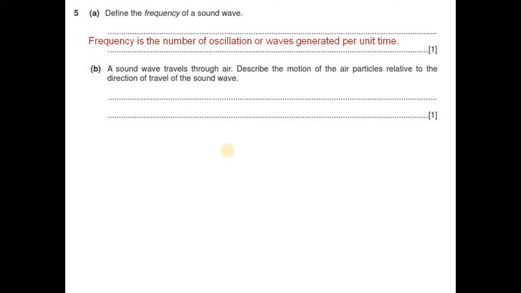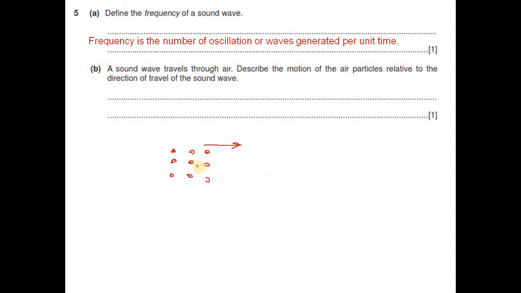And part B: a sound wave travels through air. Describe the motion of air particles relative to the direction of travel of the sound waves. So what happens? Suppose these are the particles of the medium, and the wave is traveling, let's suppose, rightward.